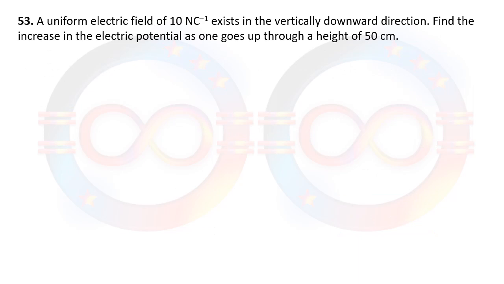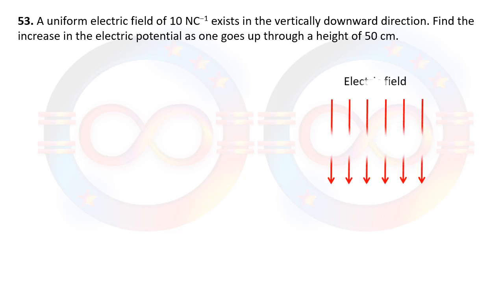Question number 53. There is one uniform electric field of 10 Newton per coulomb in the vertically downward direction. Find the increase in the electric potential as one goes up through a height of 50 centimeter. Let us take this as the external electric field. The field strength is 10 Newton per coulomb, and one moves up a distance of 50 centimeter.